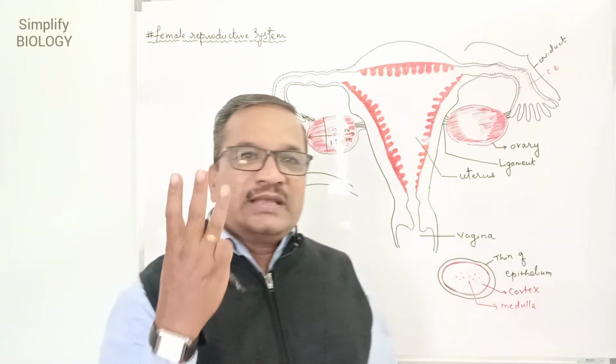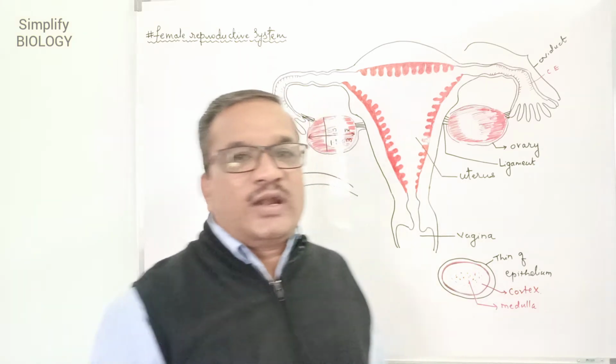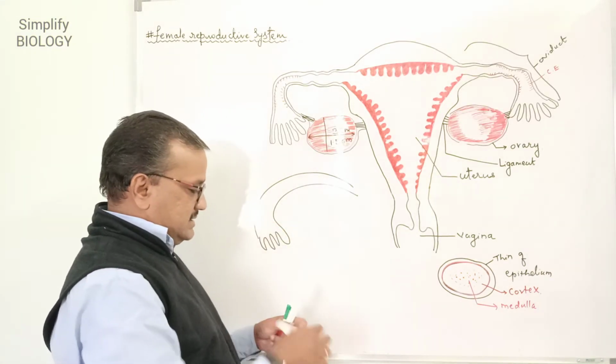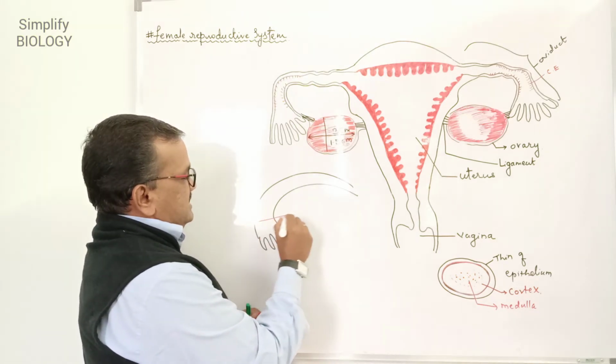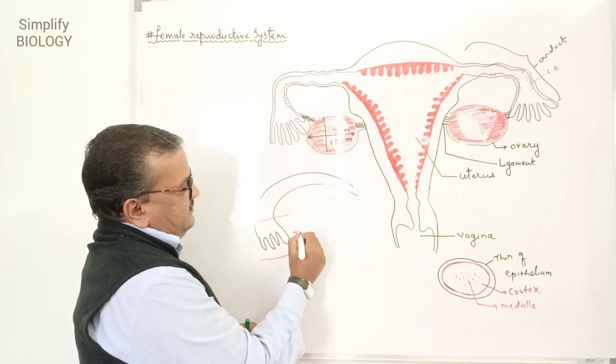It is divided into three parts. The first one is called what? It is called infundibulum. So this portion, this part till here, is called infundibulum.